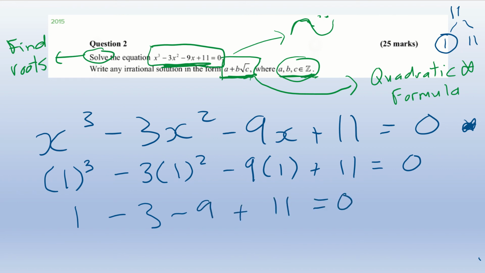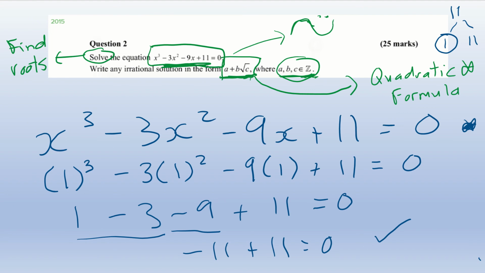So let's see if my left hand side equals my right hand side. 1 minus 3 will give me minus 2. Minus 2 take away 9 is going to give me minus 11. So we're going to have minus 11 plus 11 is equal to 0, and as you can see, that makes sense. So from that, we can see that x is equal to 1 is a solution.